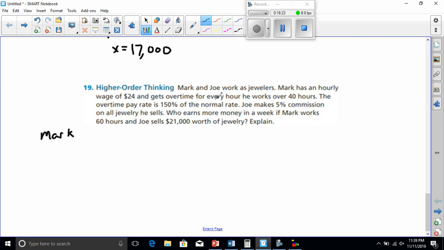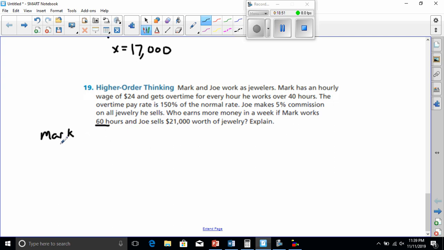In Mark's case, he's worked 60 hours. Mark has an hourly wage of $24 and gets overtime for every hour he works over 40 hours. The overtime is 150%. So first of all, he only gets $24 for the first 40 hours.